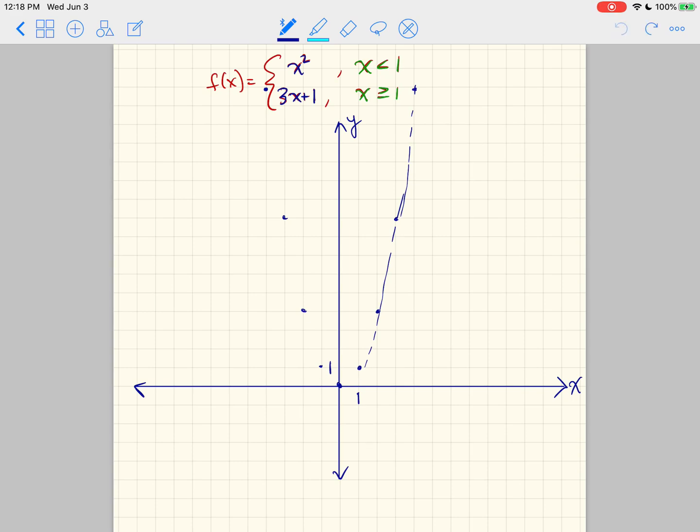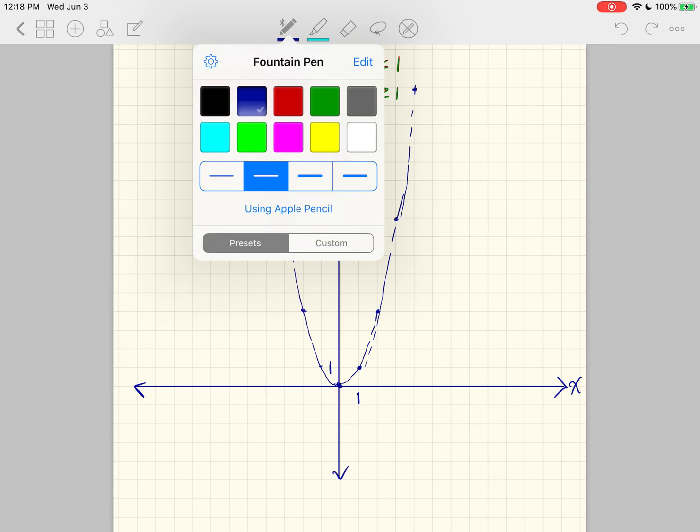And I should probably actually go through the points. All right. Here's what my quadratic looks like. Okay. I also have a line, 3x plus 1. 3x plus 1 starts at the y-intercept, which is 1. Let me do this in a different color.